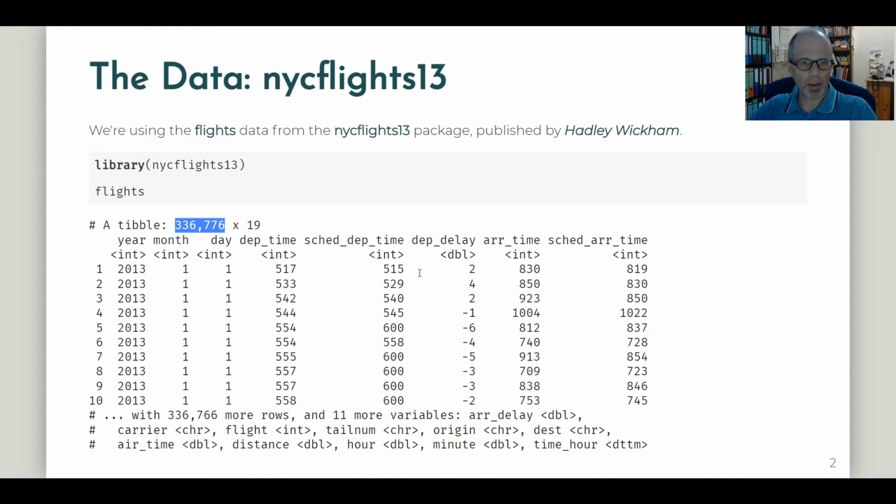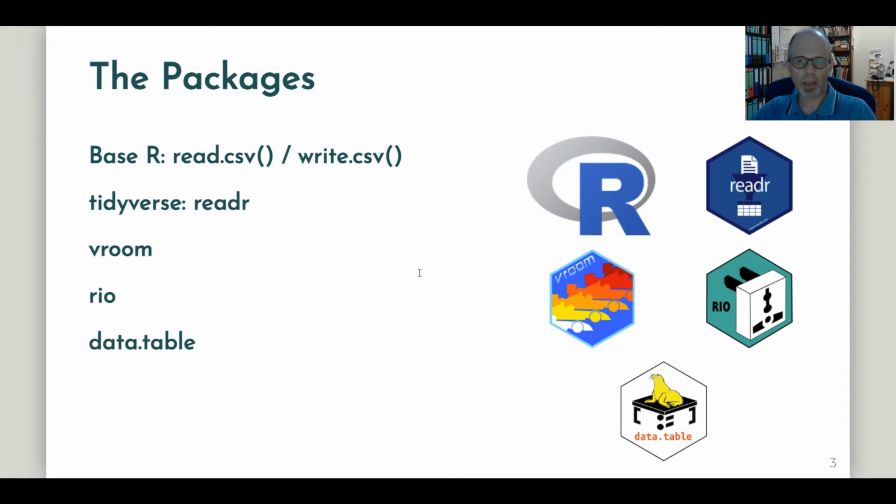Right, these are the packages we will look at today. So we'll use base R's read.csv and write.csv functions, and we will contrast them to a package from the tidyverse, readr. We will have a look at the vroom package, which makes us think of Formula 1 cars, so it's designed to be blazingly fast. We'll take a look at the rio package, which is a Swiss Army knife for data import and export.